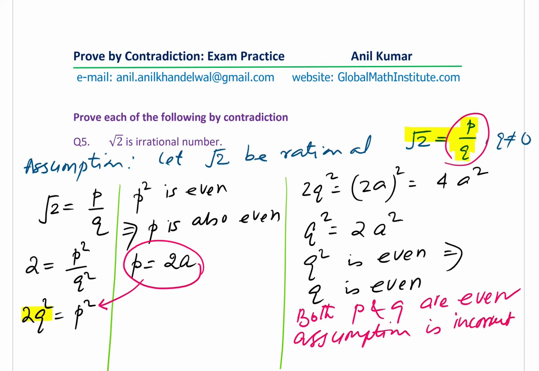Since p over q should not have any common factor, p and q should not have 2 as a common factor. And therefore, from contradiction, we have shown that square root of 2 is an irrational number. It cannot be written as p over q.